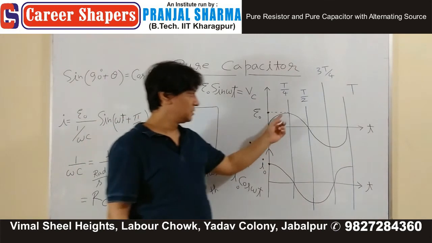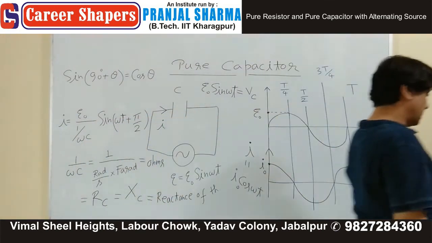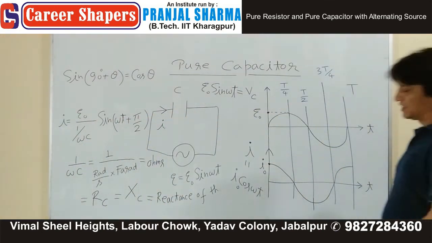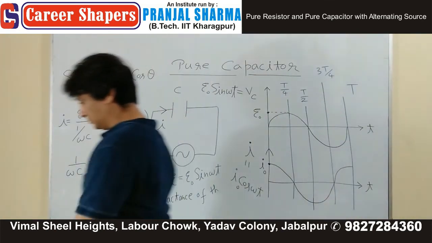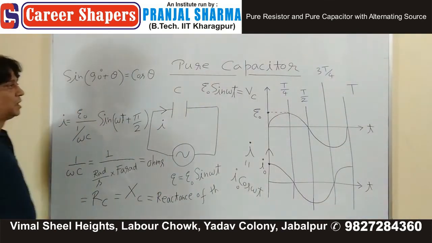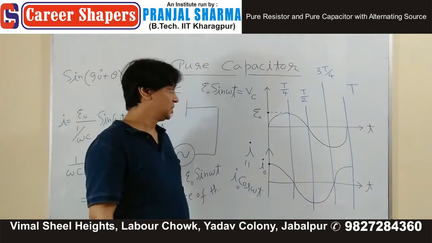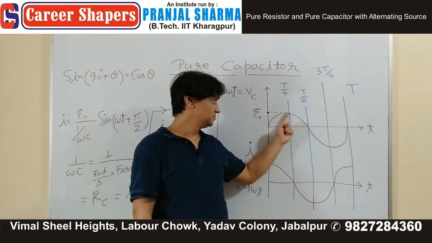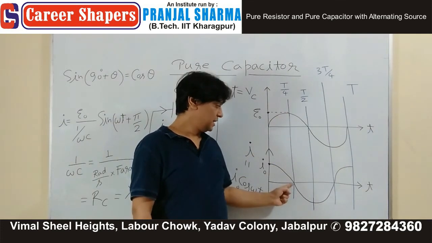And when potential difference is maximum, current is 0.